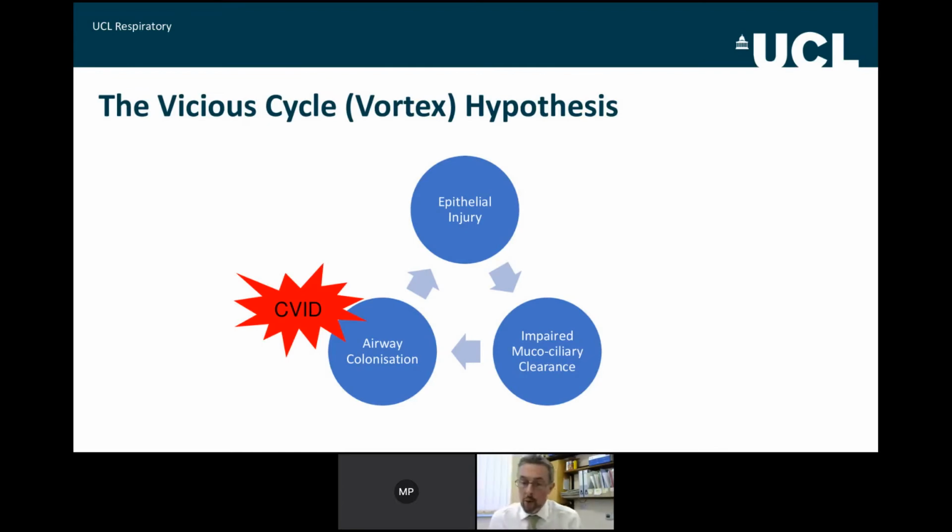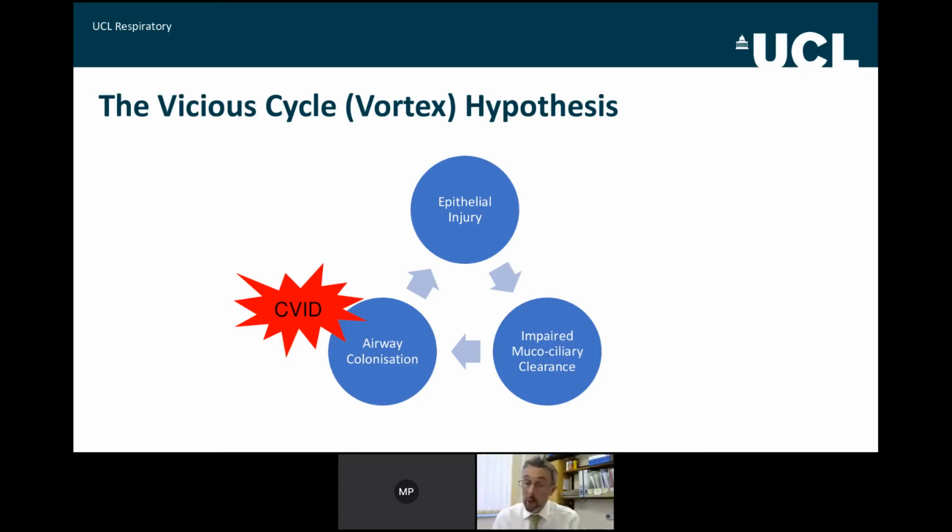This is a classic representation of the pathogenesis of bronchiectasis. It's called the vicious cycle, more recently the vicious vortex. The idea is that once you get into this cycle, it becomes self-perpetuating. So epithelial injury, for example, leads to impaired mucociliary clearance. That leads to airway colonization with bacteria, and that colonization itself goes on to cause further epithelial injury.